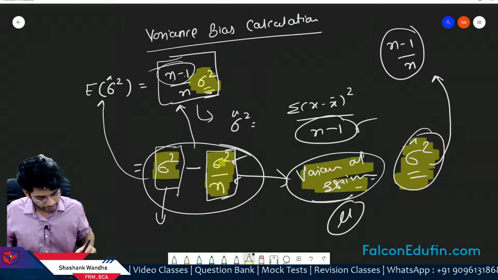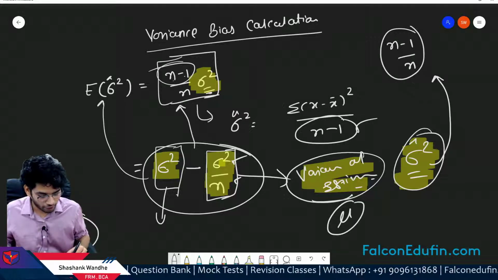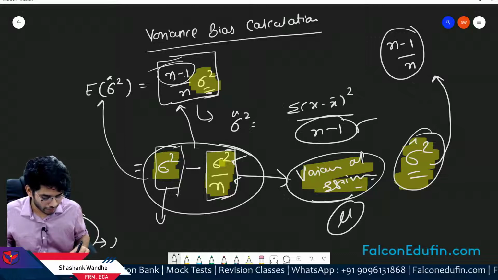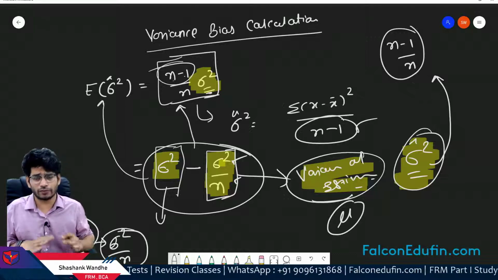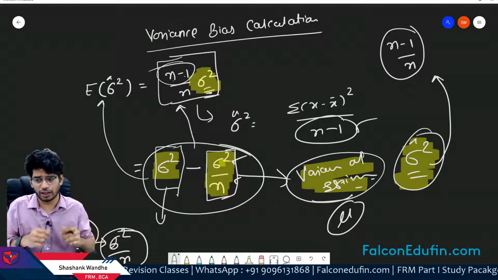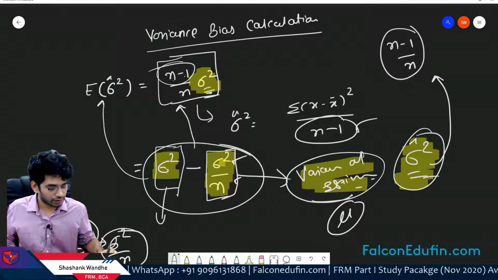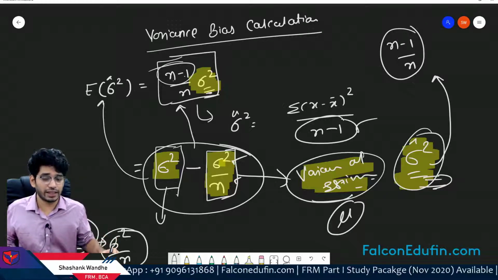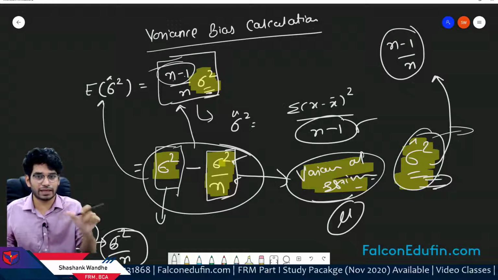So when you get your mean estimate, the variance of the mean estimate is calculated by using sigma square divided by n. This value will be very low if you have a sufficiently large sample size, but this is not the case with your estimated variance.